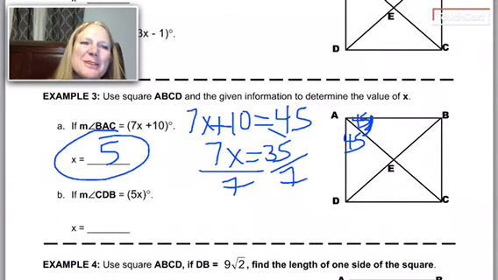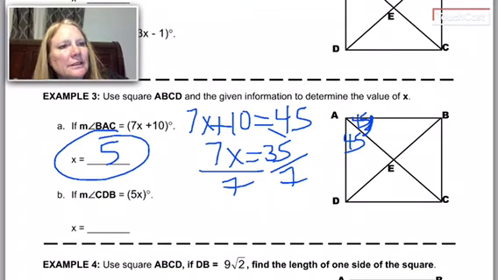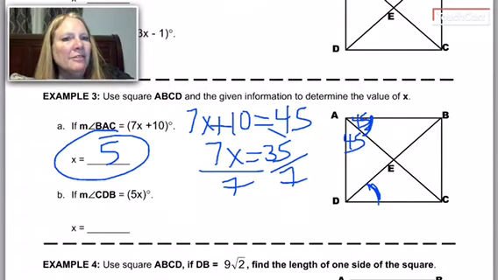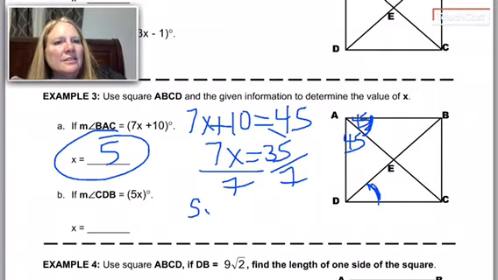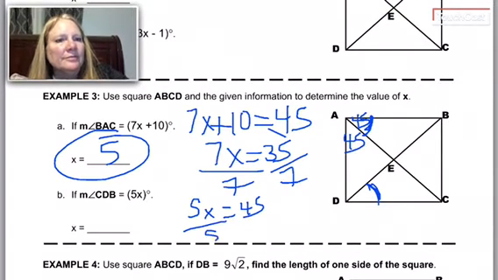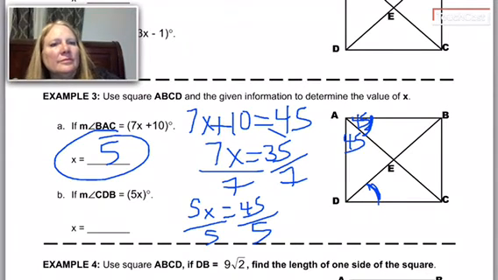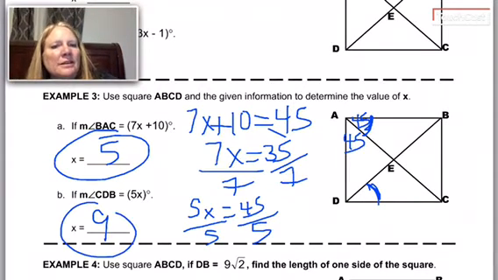Always double check my arithmetic in my videos, or I try. Okay, CDB. CDB is right here. And again, these are always 45. So just 5x equals 45. And so x is going to be 9.